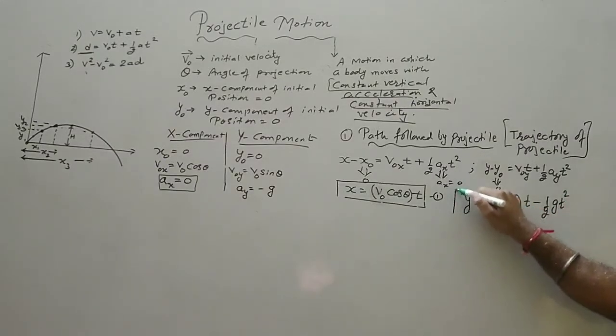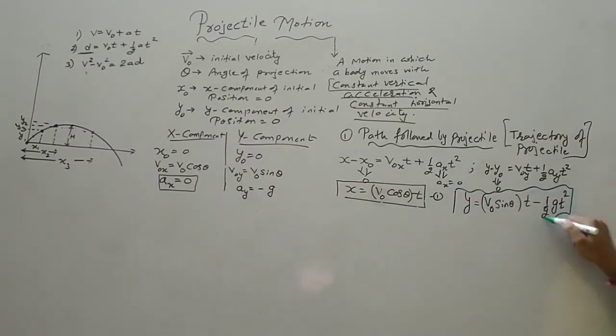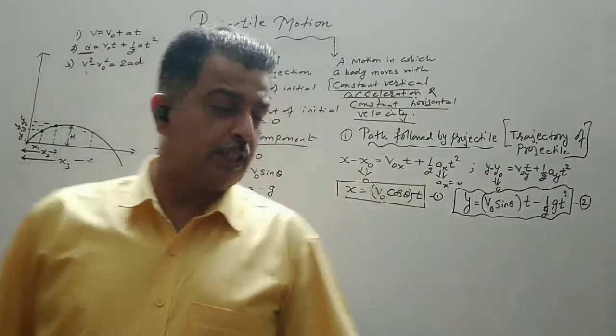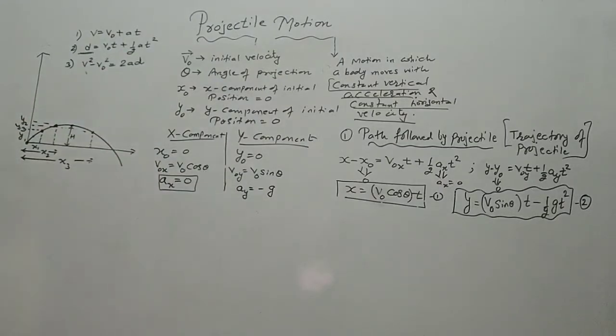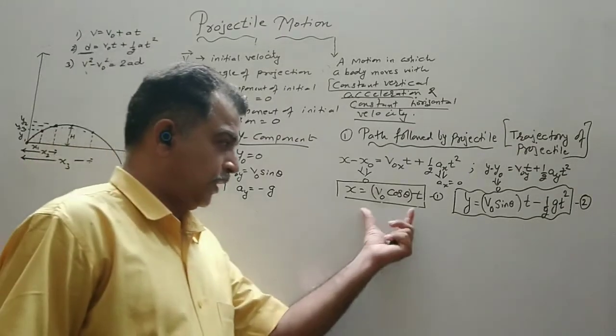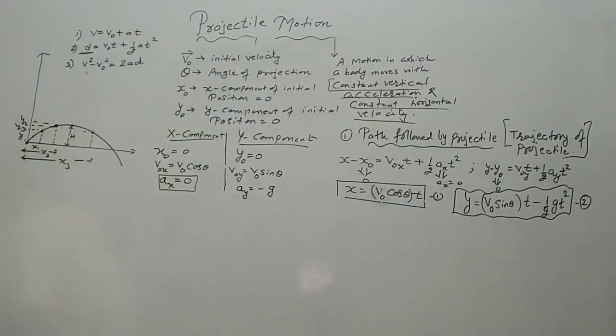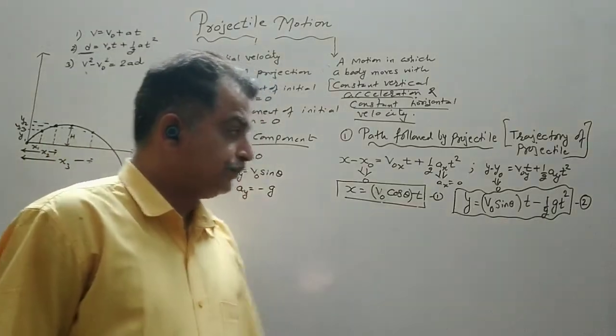So this is the equation for the y coordinate, equation number 2. These equations which are written in a box can be useful while solving numericals. So these are the two general equations which will give you the x and the y coordinates at different times. Time will be given to you.